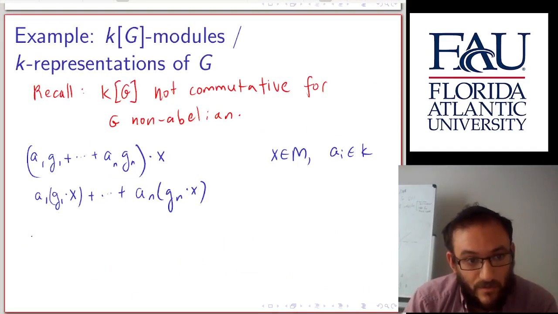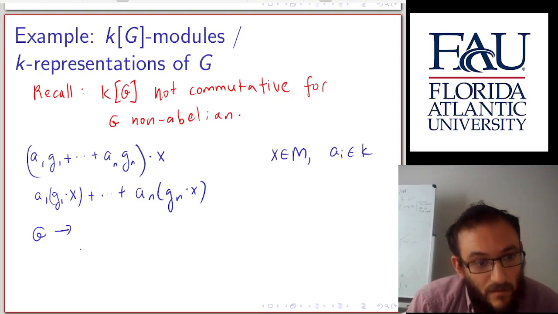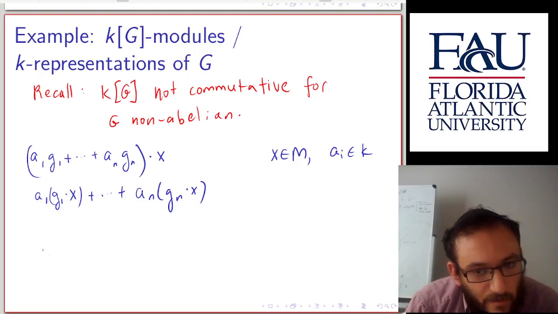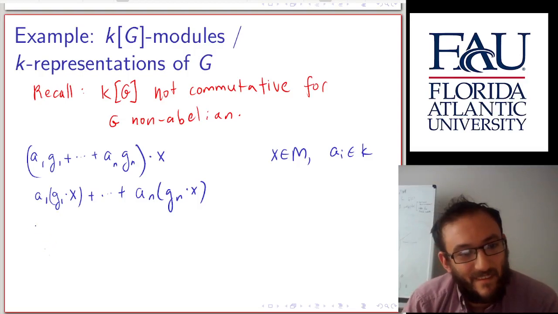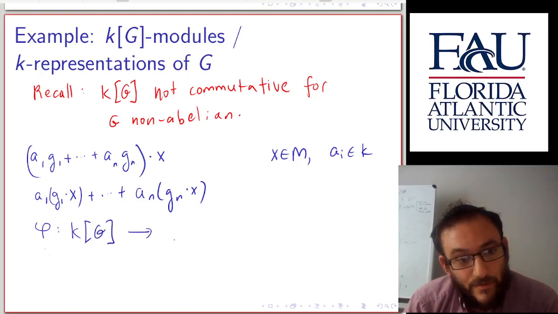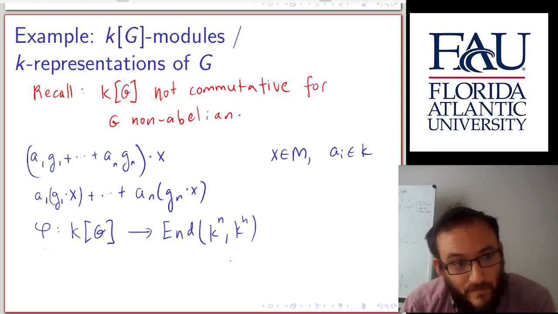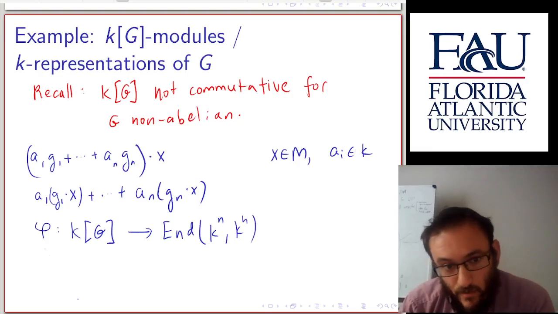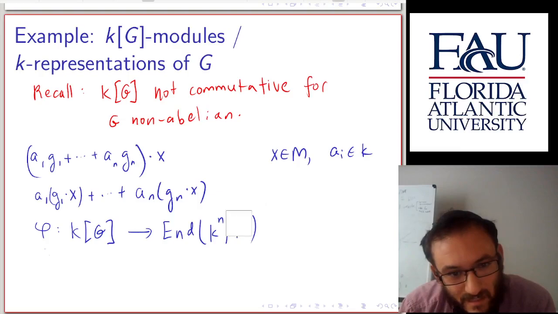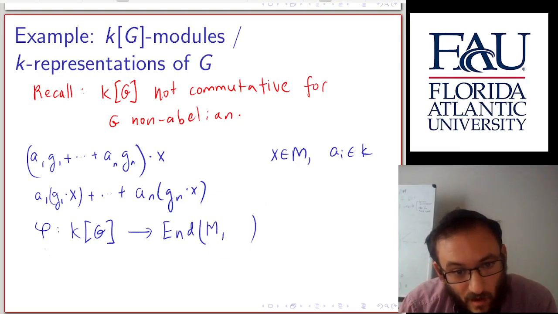So here, what we're doing is sending G to a map of, sorry, what are we doing? We're trying to map the group ring to the endomorphism ring of M, where I guess we should really take M to be an arbitrary vector space.